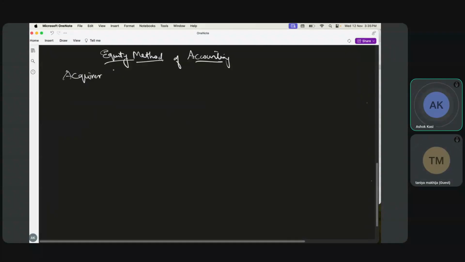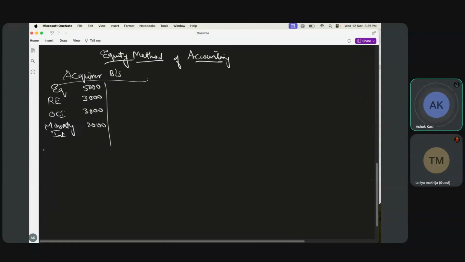This is the acquirer's balance sheet. Equity is 5,000. Retained earnings 3,000. OCI, other comprehensive income, 3,000. Minority interest, you will come to know what this is. Minority interest is 2,000.